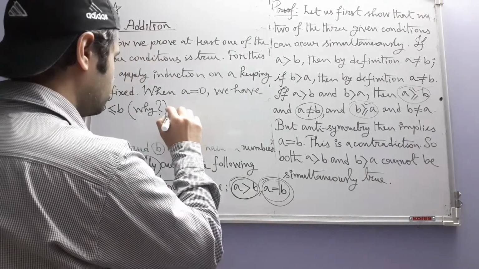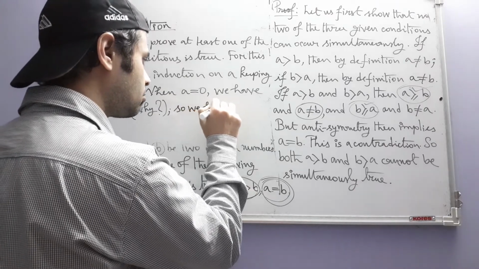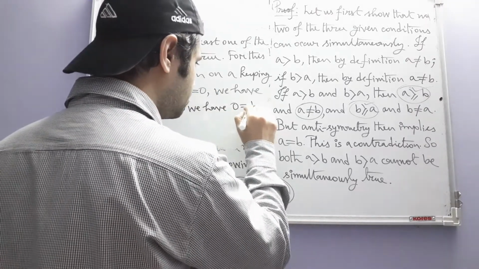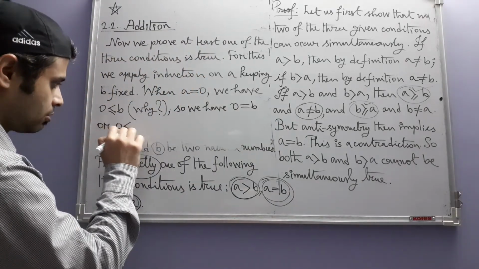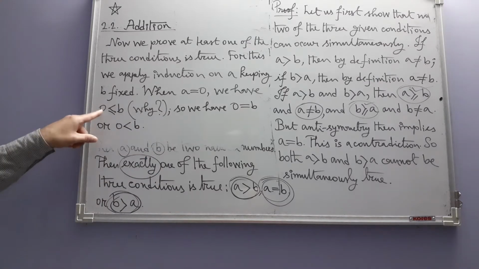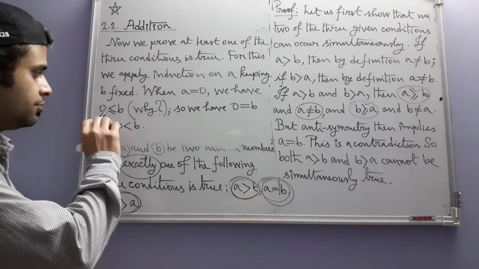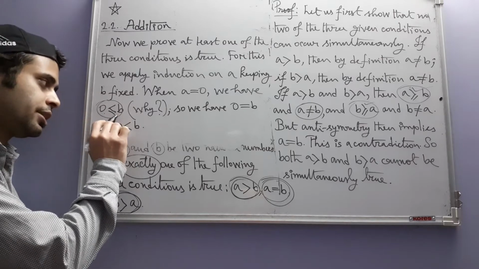Okay, so we have 0 equal to b or 0 less than b. From this, how are we getting this? You see, we have 0 less than or equal to b.